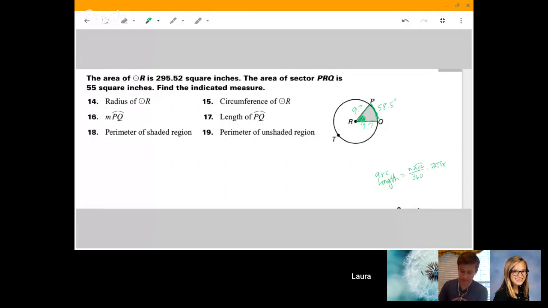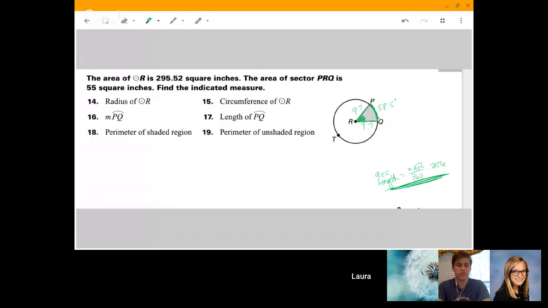Okay, so you got the angle measure, but we need the actual length, like if you measured it with a tape measure. So you get that using this formula. So the measure of the arc, 58.5 over 360 times 2 times pi times the radius, 9.7.